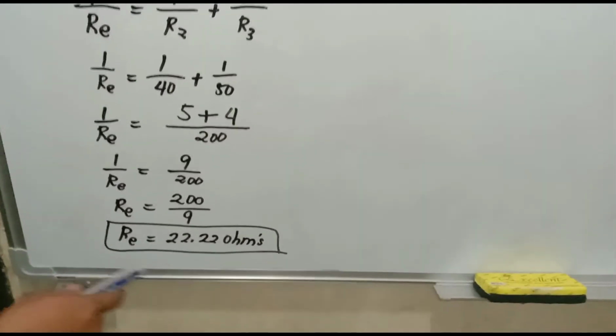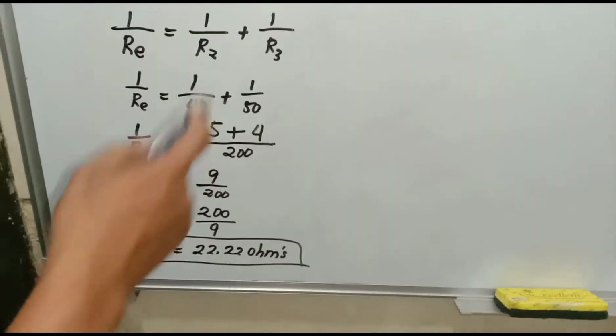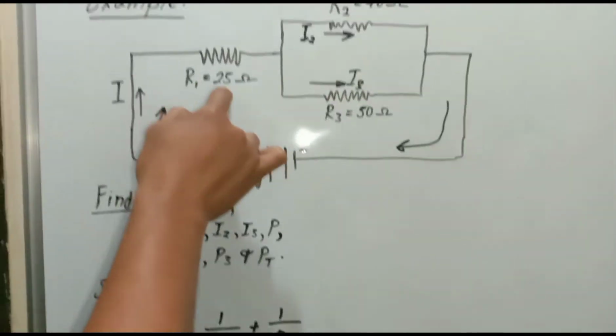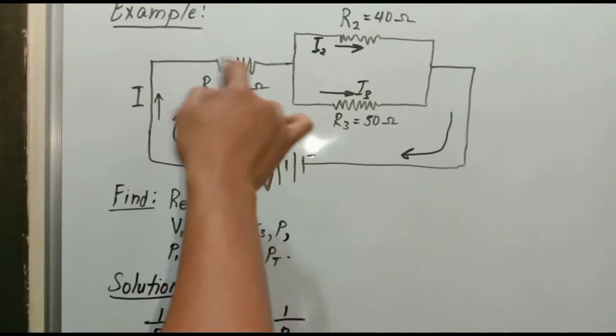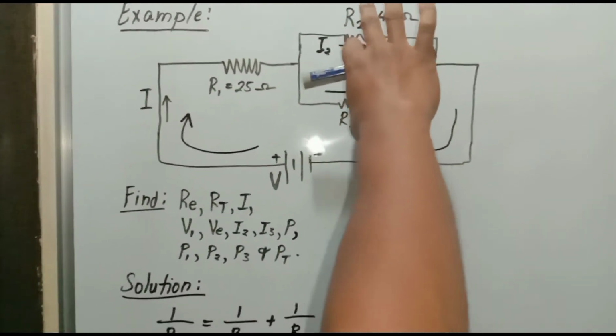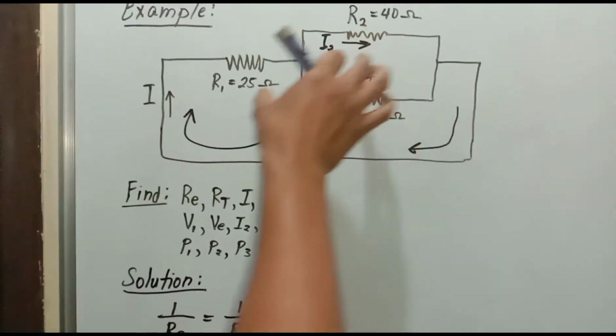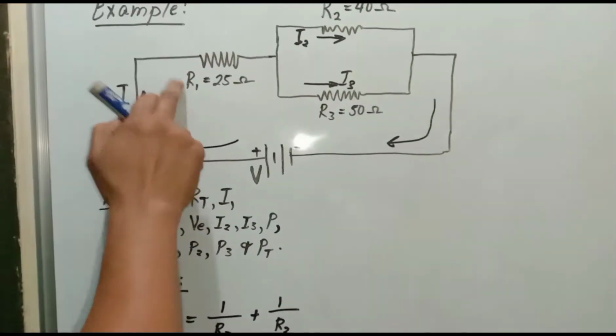Now this equivalent resistance is connected to R1, so they are now in series. The equivalent resistance for this parallel connection is now in series with R1.